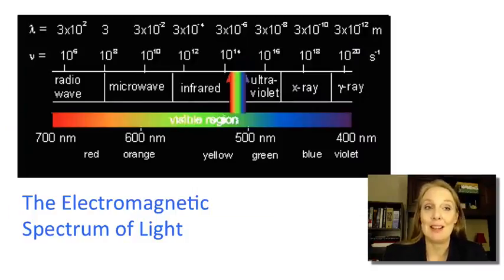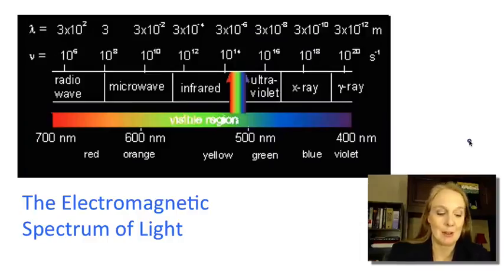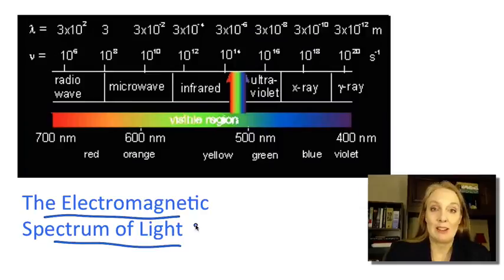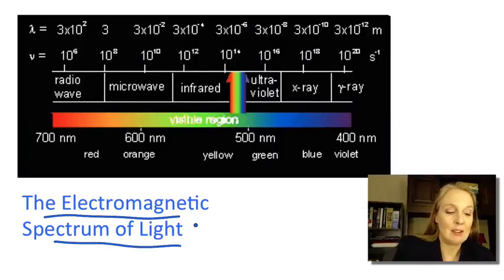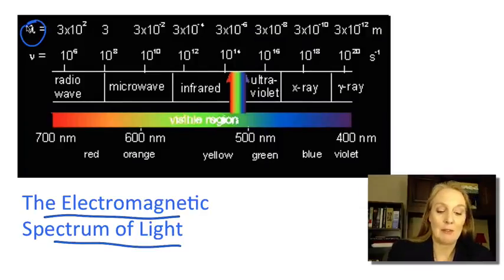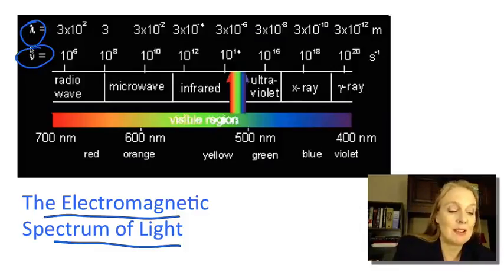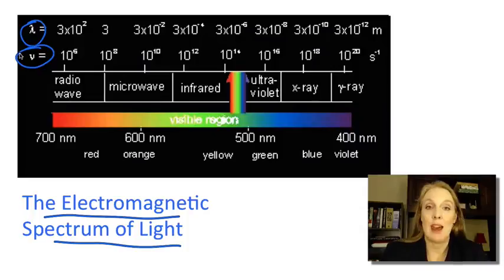Visible light only exists in a narrow wavelength range, so it represents only a small portion of the light in the electromagnetic spectrum. We know that the wavelengths of visible light go from about 700 nanometers to about 400 nanometers. And there are corresponding frequencies to that visible light.